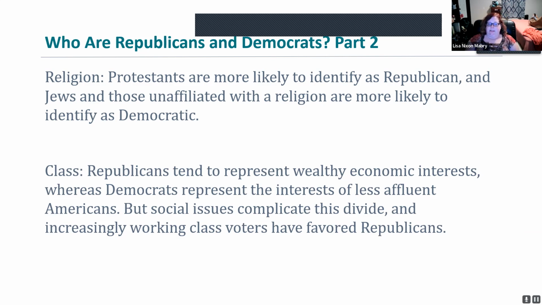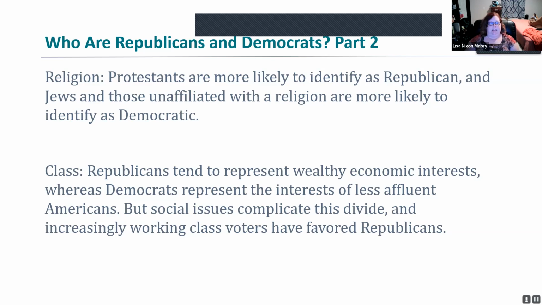Republicans tend to have wealthy economic interests in mind: lower taxes, smaller government, the pro-business aspect. Democrats represent people who are less affluent, of lower societal status. But a lot of social issues complicate that. Even though the working class is of the less affluent Americans, they tend to favor Republicans.